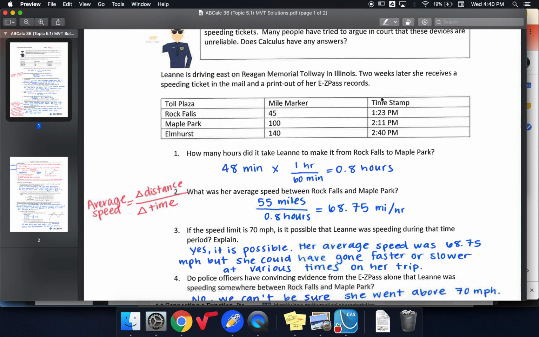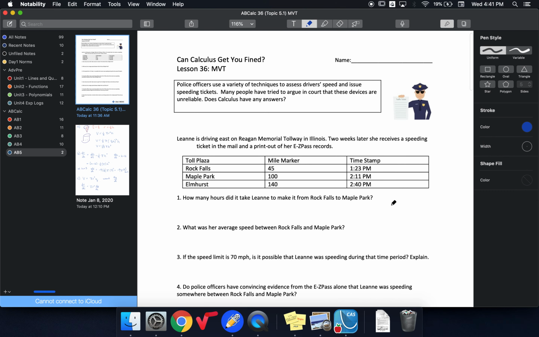Basically, we have a bunch of points. So we're going to make an x-axis that has a time of minutes. So let's see if I can draw on this. No. Let me move over to here. So if I think about what we've got, distance on this side, and we've got time on this side.